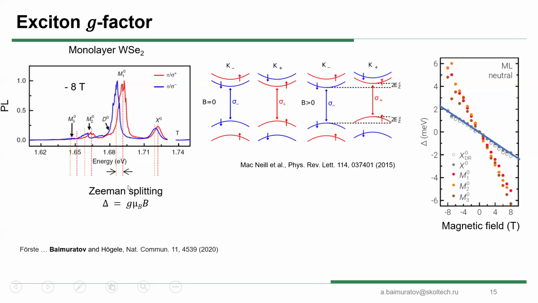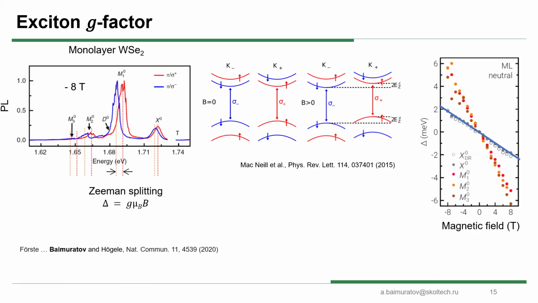We assume only linear effects, only the term linear in the magnetic field. Because of the circular polarization selection rule, in one K point you will have sigma plus, and in the other sigma minus exciton that will absorb or emit light with this polarization.